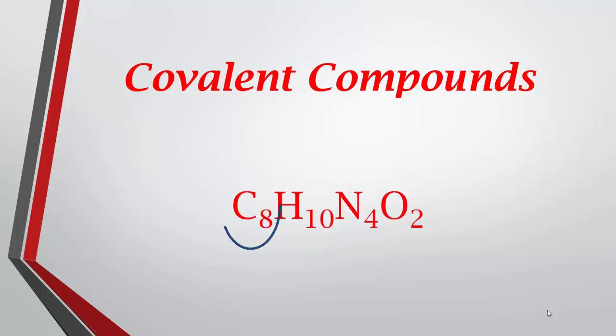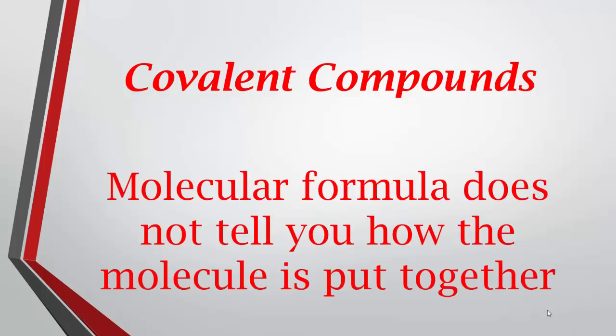So here we have 8 carbons, 10 hydrogens, 4 nitrogens, and 2 oxygens. And there are a number of compounds that this could be, because the molecular formula does not tell you how the molecule is put together. It's just an inventory.